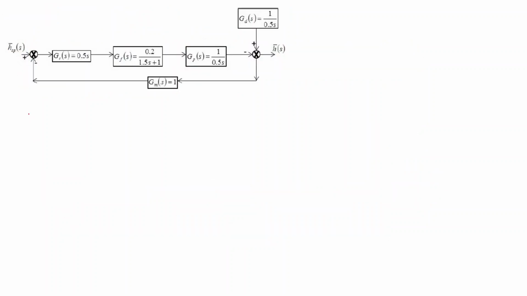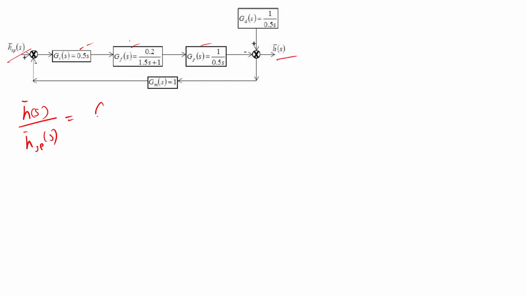So we can write the transfer function between h of s and the input set point hsp of s. The numerator of this transfer function will be the multiplication of these three blocks, since we are calculating the relation between this and this term.